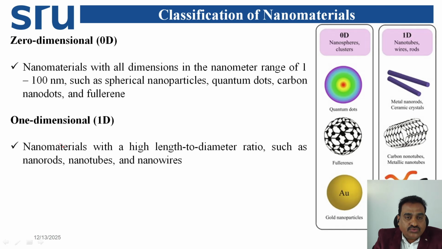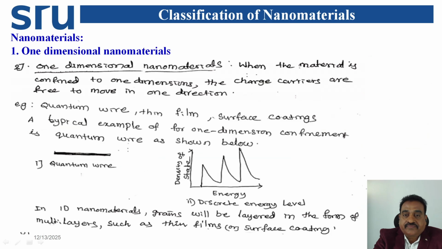Coming to one dimensional nanomaterials: nanomaterials with a high length to diameter ratio, such as nanorods, nanotubes, and nanowires. What is a one dimensional nanomaterial?